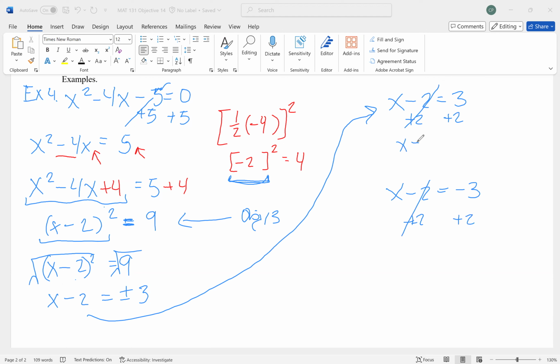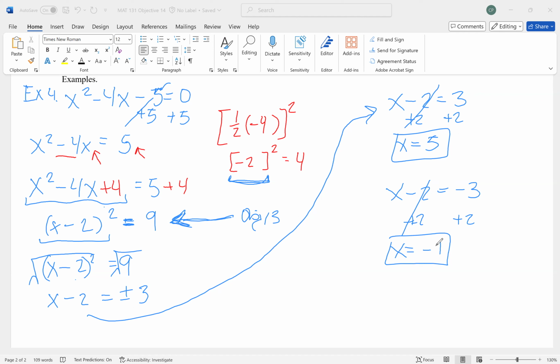And our first x is going to be 3 plus 2, which is 5. And our second x is going to be negative 3 plus 2, which is negative 1. So this is how we pick up at this step and do objective 13 to complete the problem.